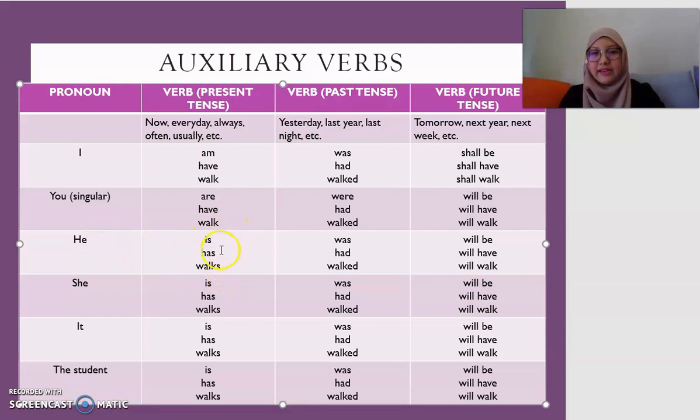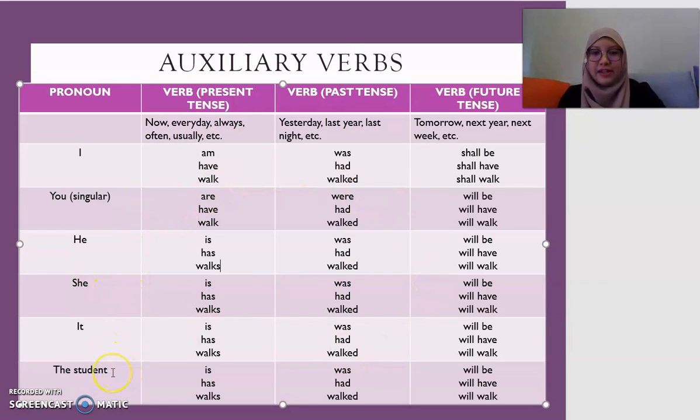For he, you add S. He is, he has, he walks every morning. She, same like he: is, has, and walks. There's no other way but to memorize them, but this is a good chart for you to follow.